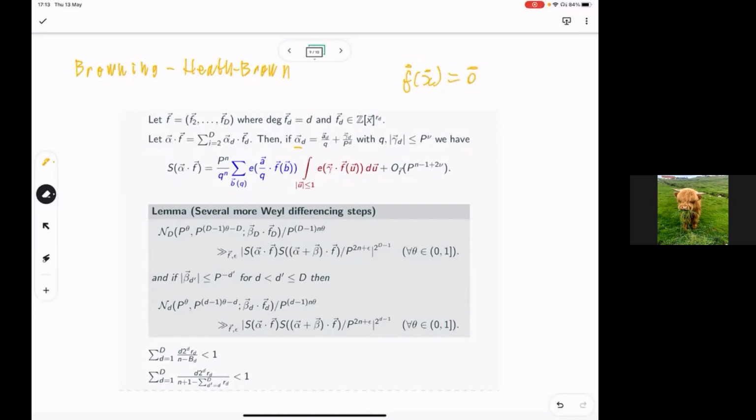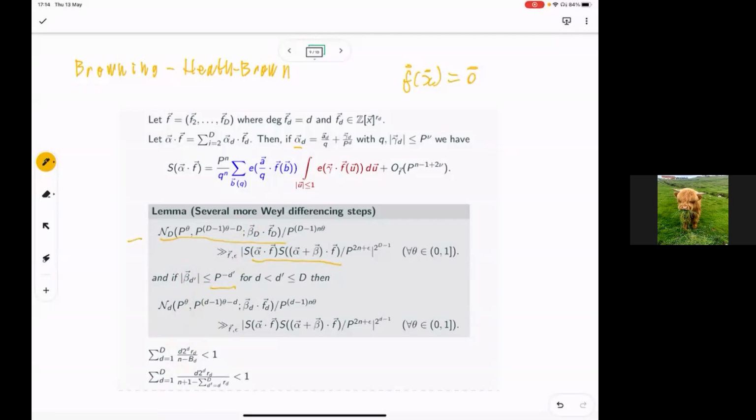And the idea is that if you have, provided this counting function, which is associated to the degree capital D part, is sufficiently large, and provided the high degree parts of beta are sufficiently small.